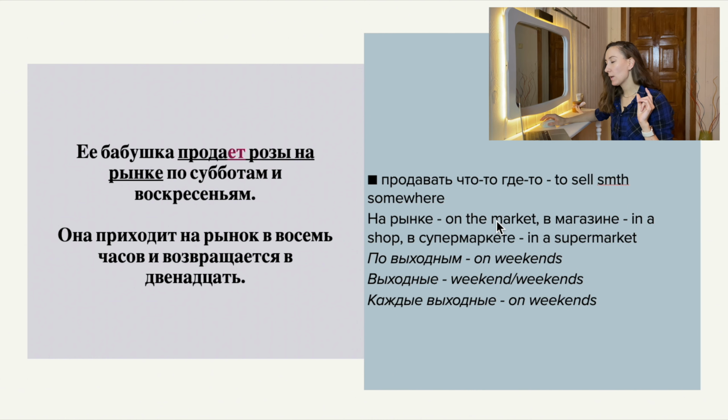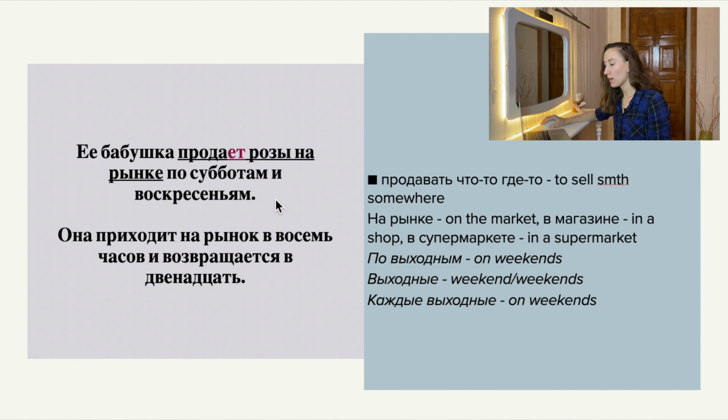But let's have a look at the places where else we can sell something. We can sell на рынке, on the market, в магазине, in the shop, в супермаркете, in a supermarket.